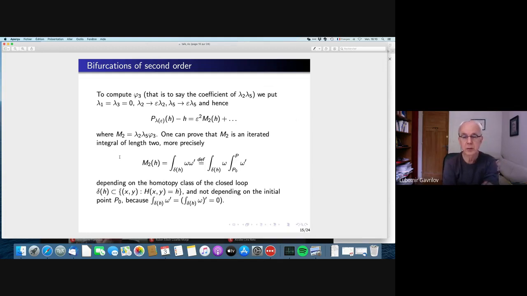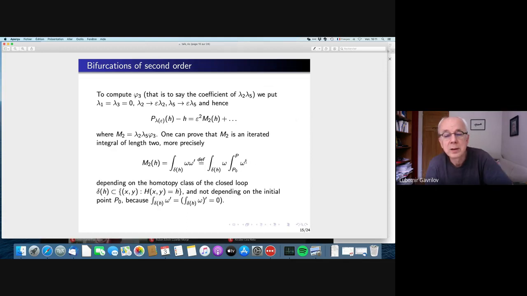So it is a good occasion to familiarize ourselves with this object, iterated integrals. There is a general formula for iterated integrals which appear in this context. If you use this general formula, we get this, and here is the definition of our integral.